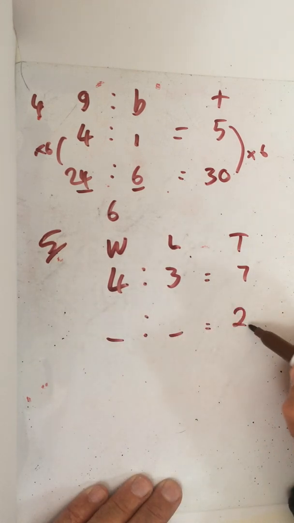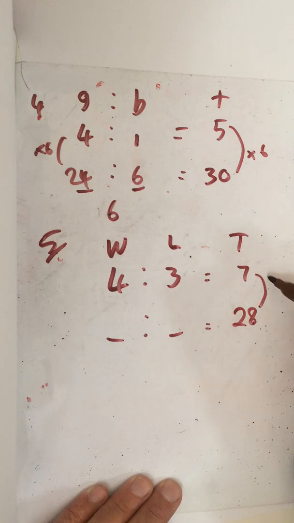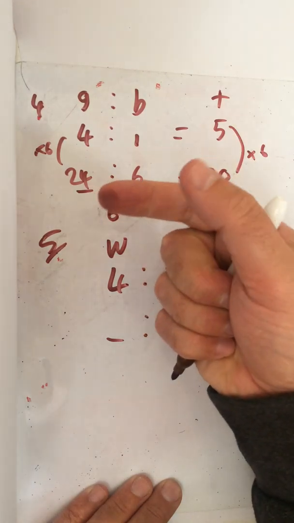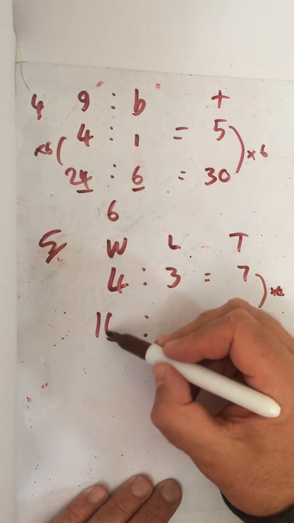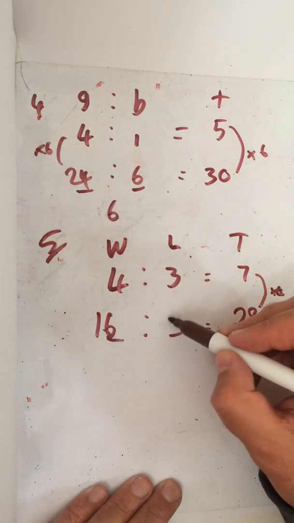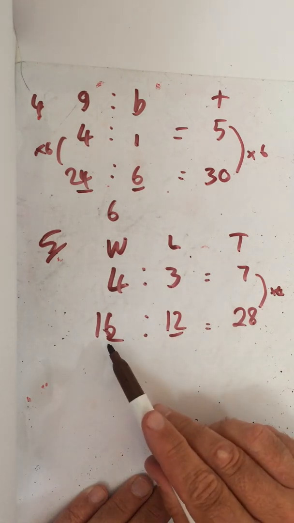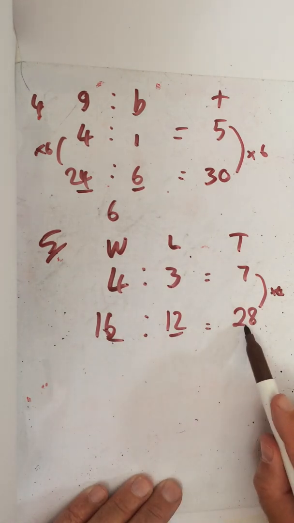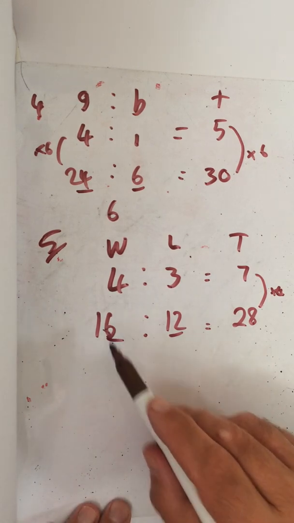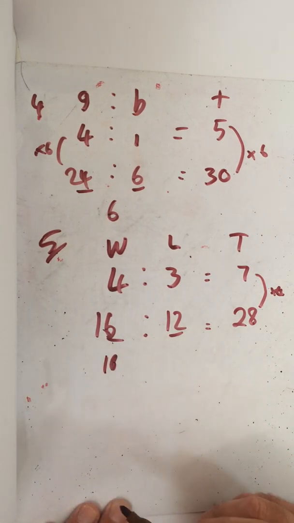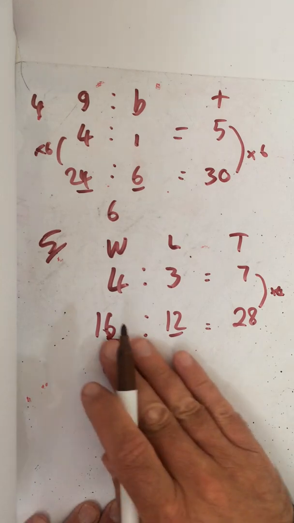The total number of games they played is 28. How am I getting from 7 to 28? 7, 14, 21, 28, so times by 4. So I times this by 4 to get 16, and times that by 4 to get 12. 16 and 12, and it all adds up, doesn't it? The question is asking how many games did they win? They won 16.